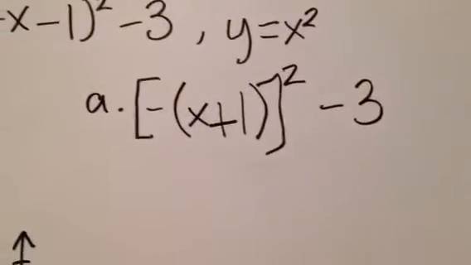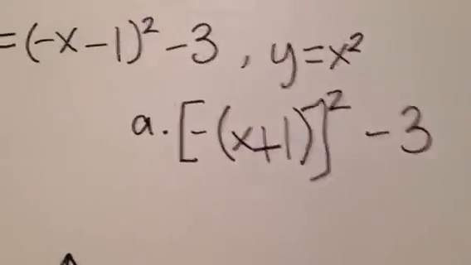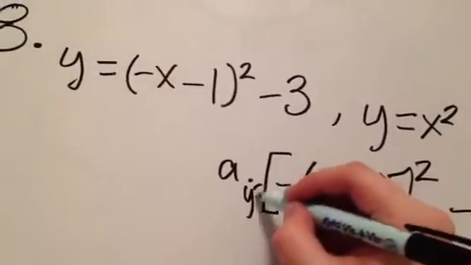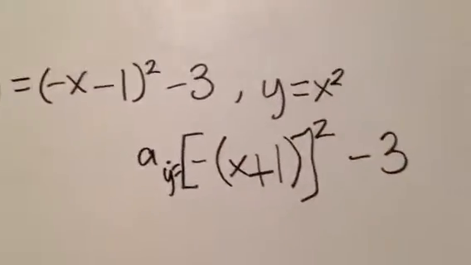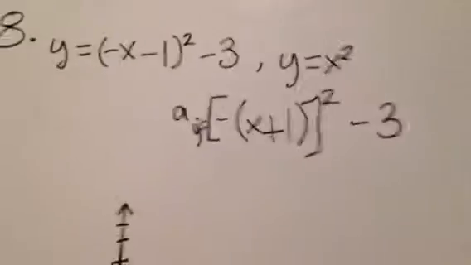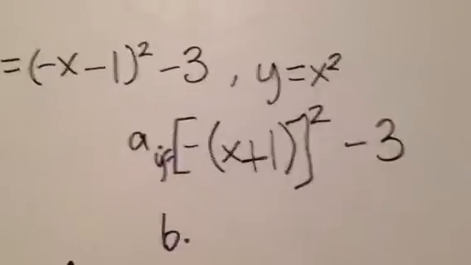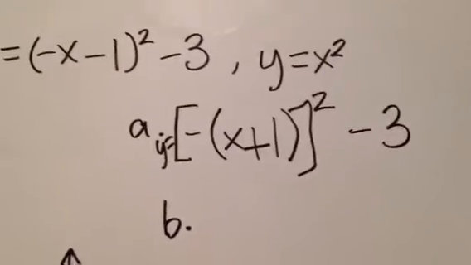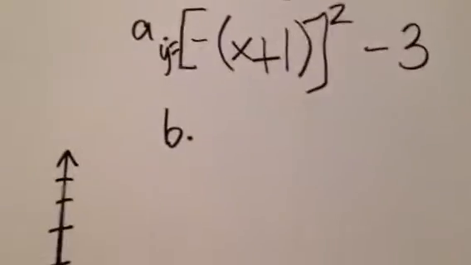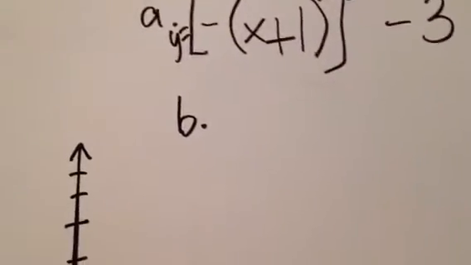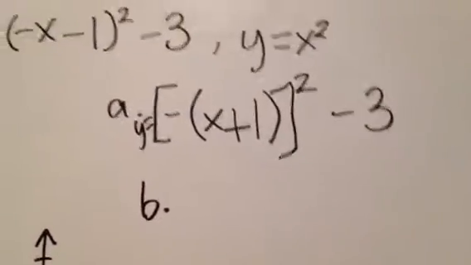Alright, for the next step, we're going to write how this new equation affects the graph and how it's going to look. Because the negative is on the inside of the equation, that means it's going to reflect over the y-axis, which is going to affect your x's.